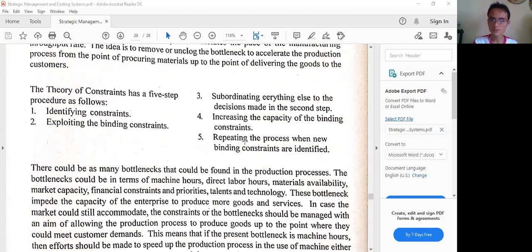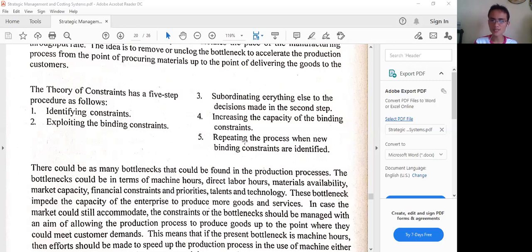And the fifth is to repeat the process so that we can identify new binding constraints. So the process actually continues: when we identify a constraint, we solve it, and we repeat the process to find the next constraint.